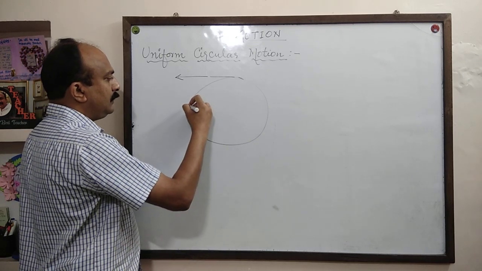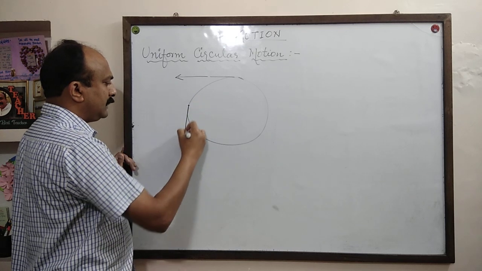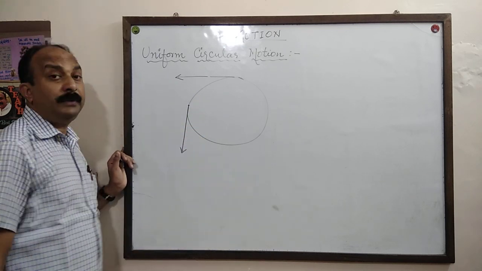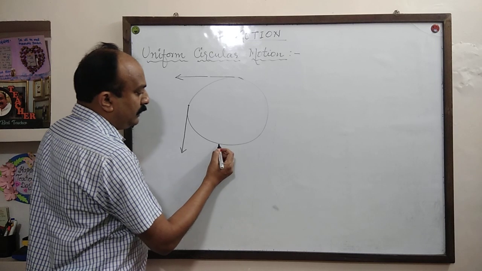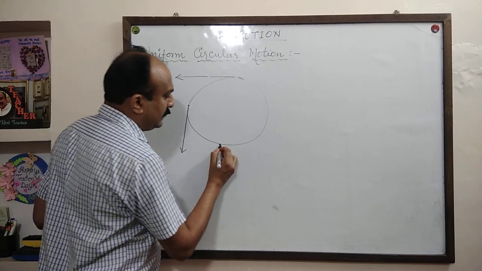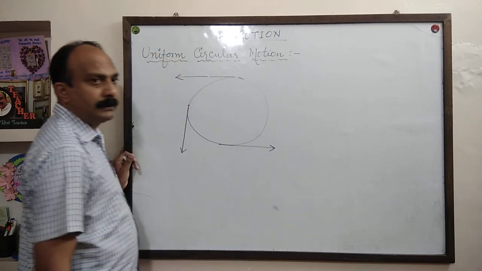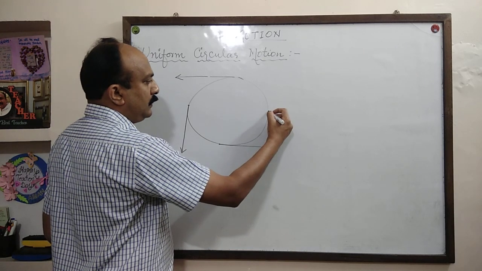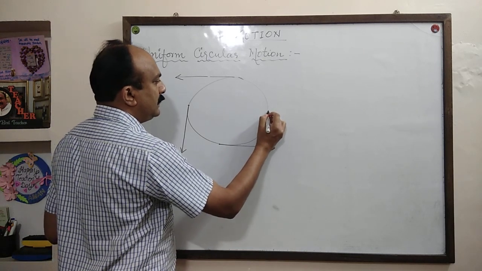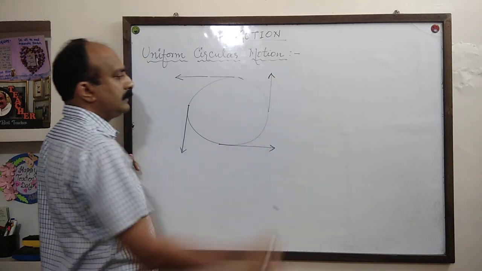Suppose the stone is here and you are releasing the thread. The stone will move in this direction. When you release the thread when the stone is here, it will move in this direction. Suppose the stone is here and you release the thread, it will move in this direction.